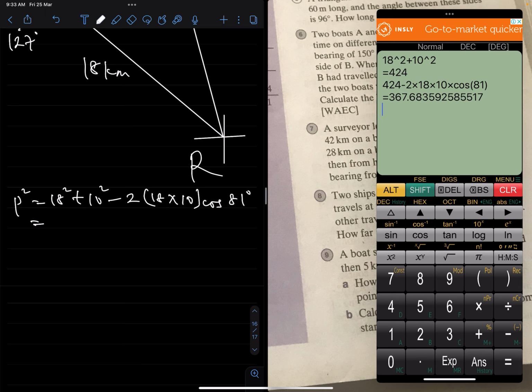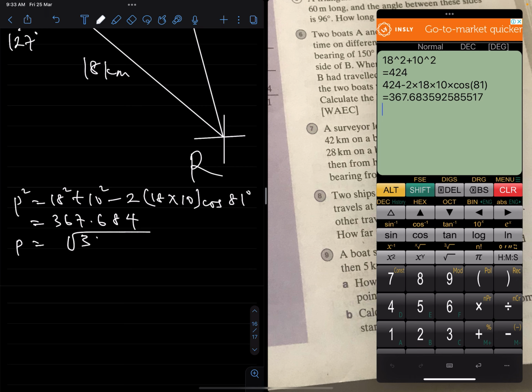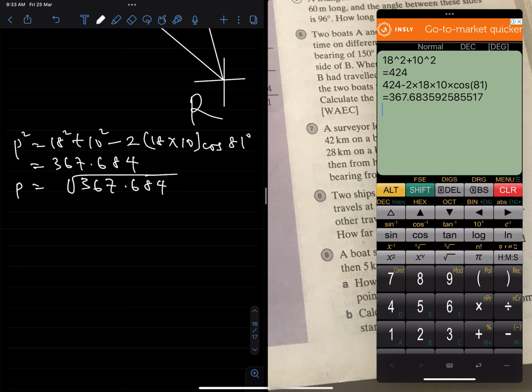That's 367.684. So p equals the square root of 367.684, and that's 19.175, which is approximately 19.2 kilometers.